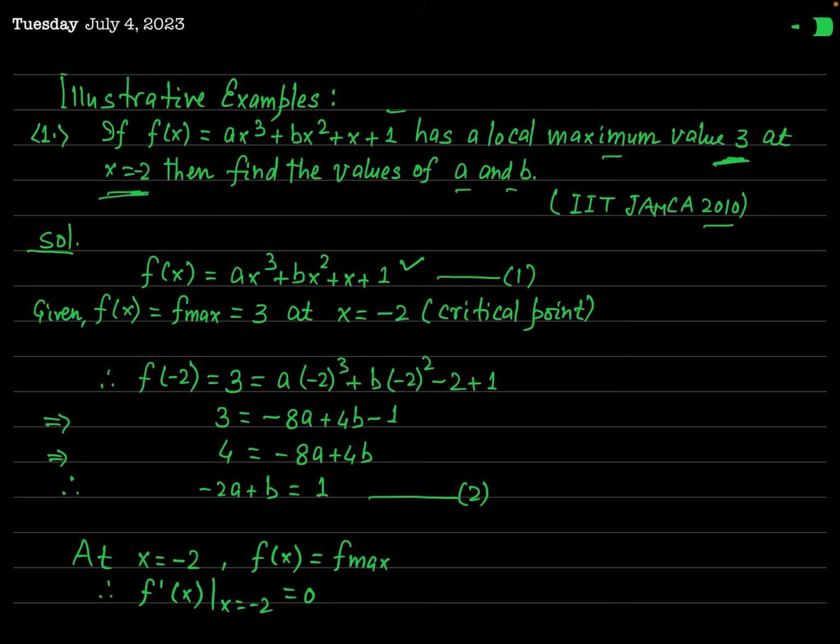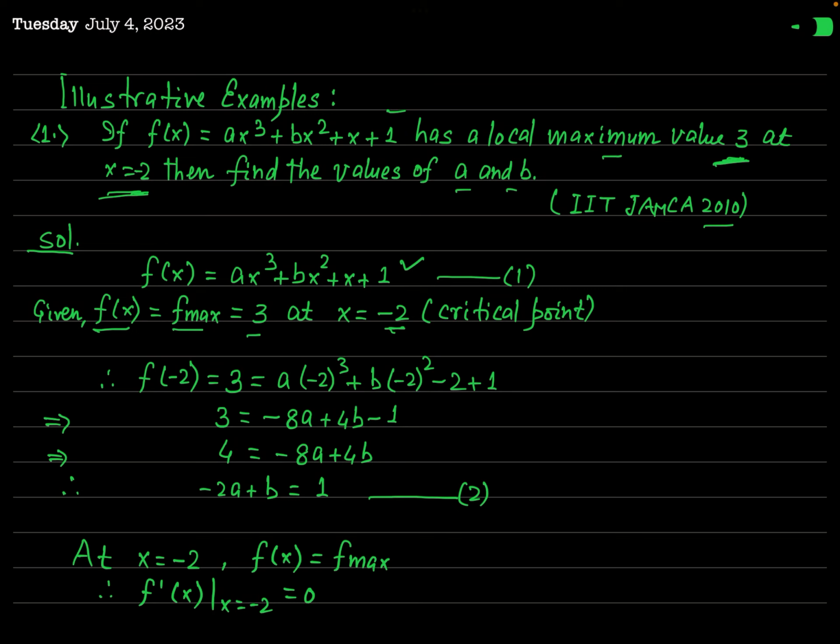Okay. Now, according to our problem, the given function f of x is maximum, that is f of x is equal to f max, and that is equal to 3. But where is it equal to 3? It is maximum, and its maximum value is 3 at point x equal to -2. So this x equal to -2 is the critical point of this function.